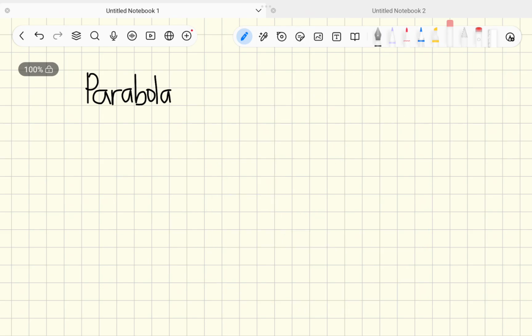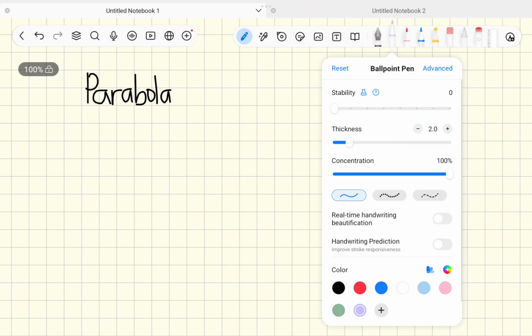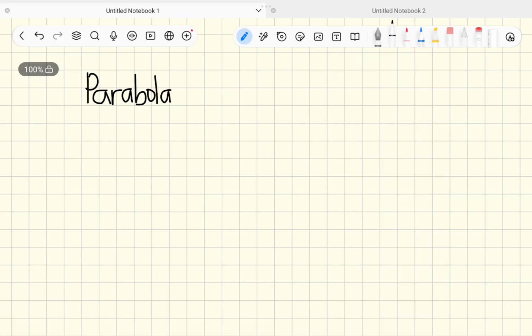So what is the general equation of your parabola? We have two possible general equations depending on where your parabola will be opening.